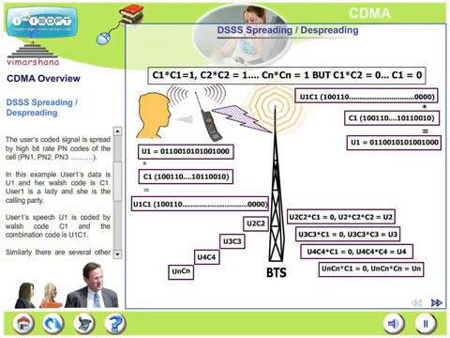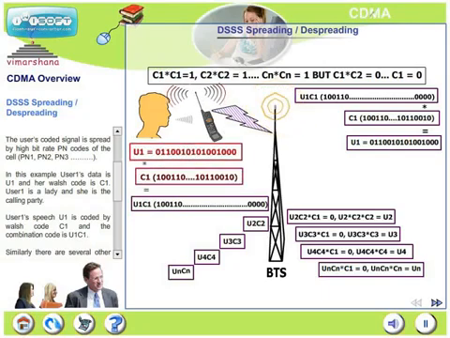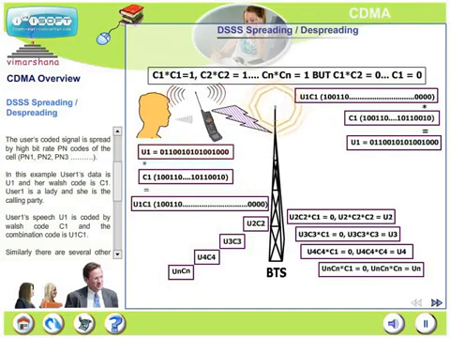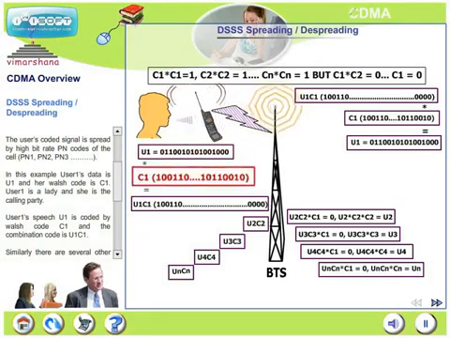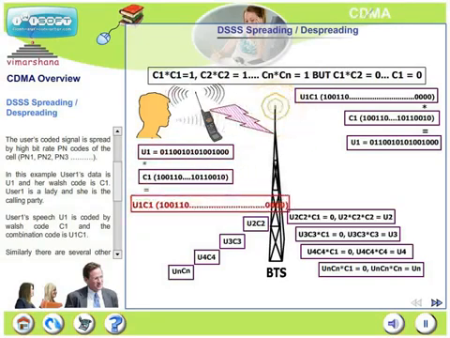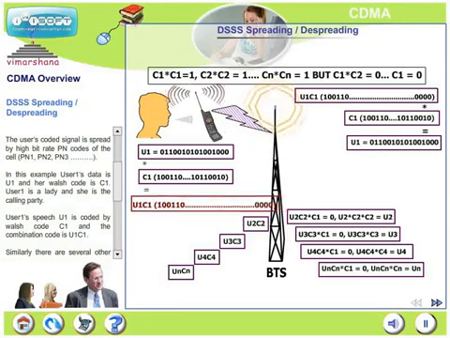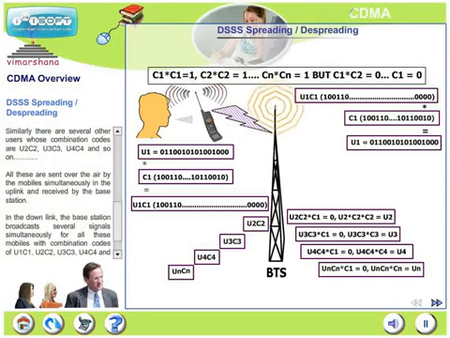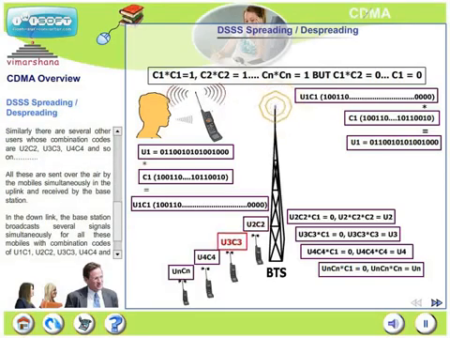Okay, let's move on with this example. In this example, user 1's data is U1 and her Walsh code is C1. User 1, we presume, is a lady and she is the calling party. User 1's speech U1 is coded by Walsh code C1 and the combination is of course U1 C1. Similarly, there are obviously several other users in this cell whose combination codes are U2 C2, U3 C3, U4 C4 and so on.